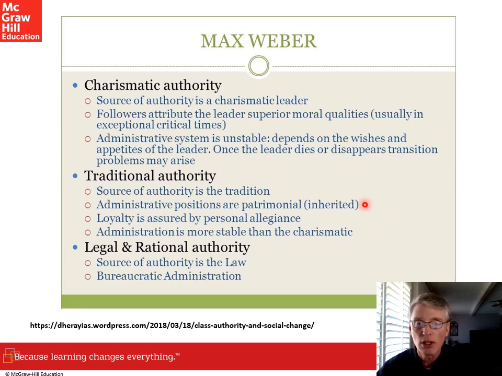And so traditional authority says it's the one who's next in line. And so tradition tells us who next in line is. And a lot of times, with kings, that traditional way of doing stuff, it was inherited. So the next in line to the crown became the king or queen or whoever it was. And everybody else was just kind of out of luck.